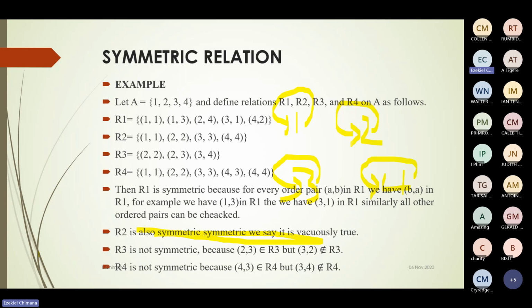Whenever we have a 2 to 2, we also have a 2 to 2, and here it's from 4 to 4, and here from 3 to 3. And also if you look at the reflexive part, we are saying whenever you have a self loop at every vertex, and we have a self loop at every vertex. So this one qualifies to be a symmetric as well as a reflexive relation. I don't know if you're answered now.